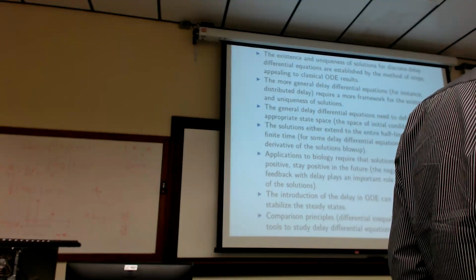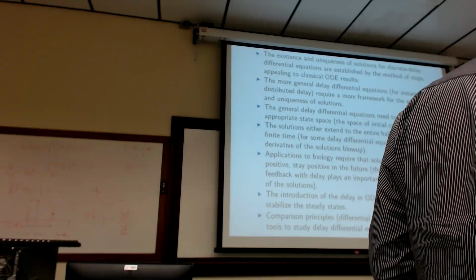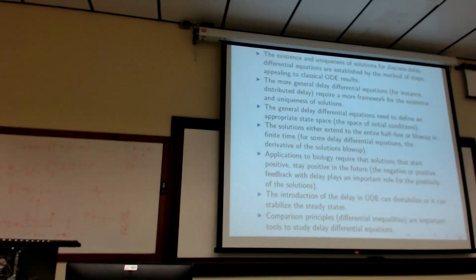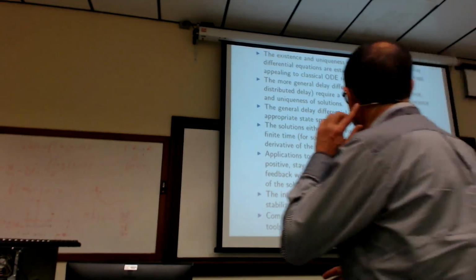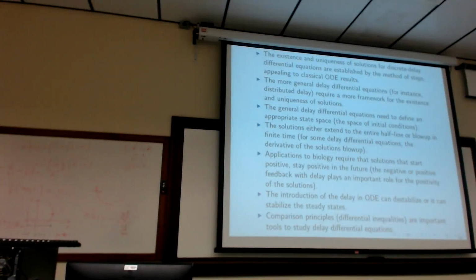We take the ordinary equation, and if we have a discrete delay, it's okay. But if you have a more general delay differential equation, for example a distributed delay, we need more, because you cannot do it by steps. Existence and uniqueness is more complicated, but we have some results.